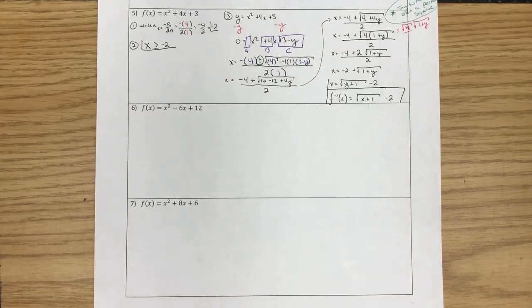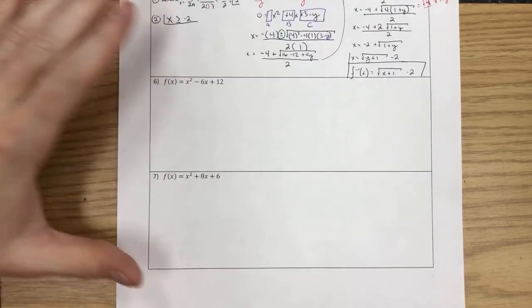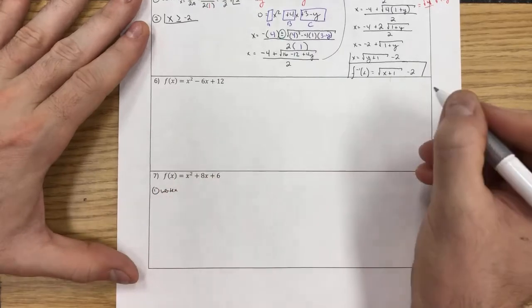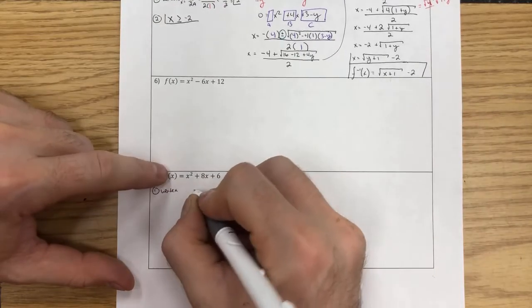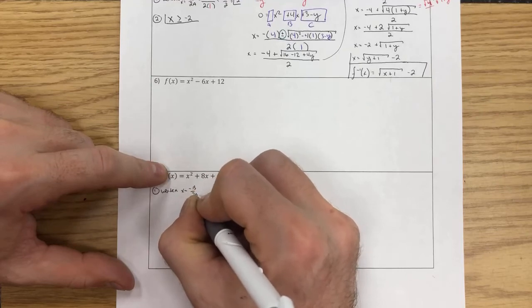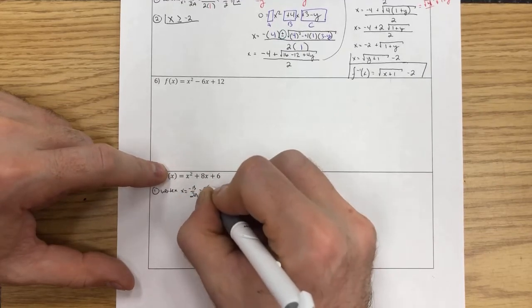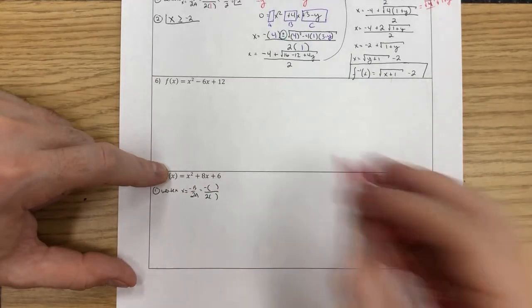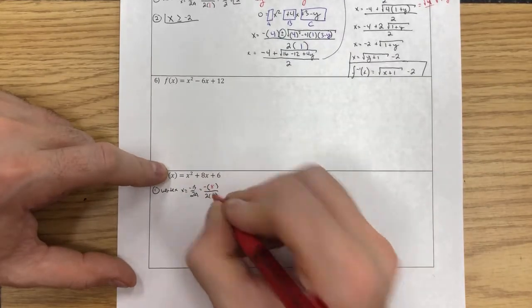Okay, so let's take a look at what we got. First, I know my vertex. I need to find out where that is. And that's going to be at x equals negative b over 2a. So negative something over 2 times something. My b in this case is 8. My a is 1.